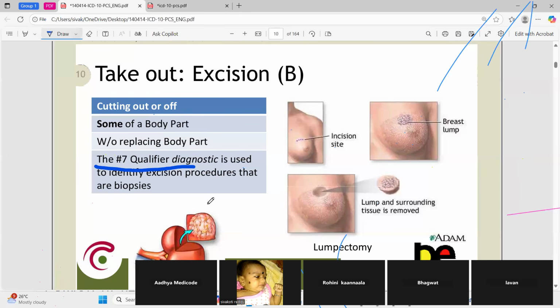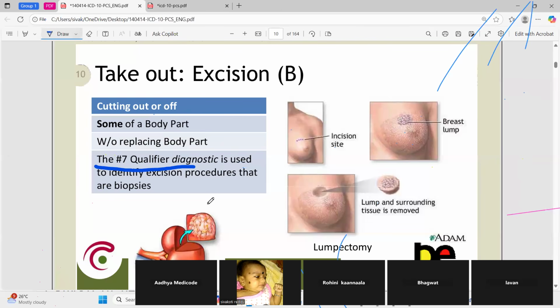Then for biopsy procedures, the qualifier should be diagnostic. Biopsy procedures come under excision. Then debridements: excisional debridement, note down. Excisional debridements, lumpectomy, mass removal, polyp removal.